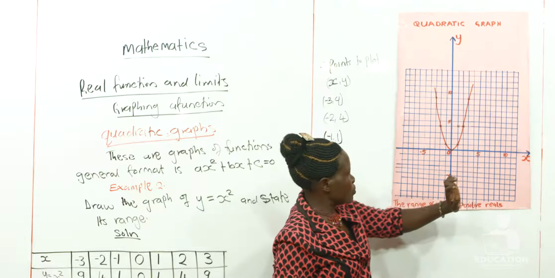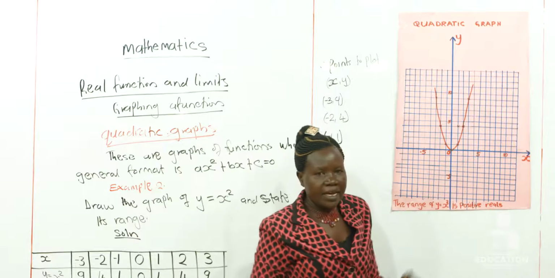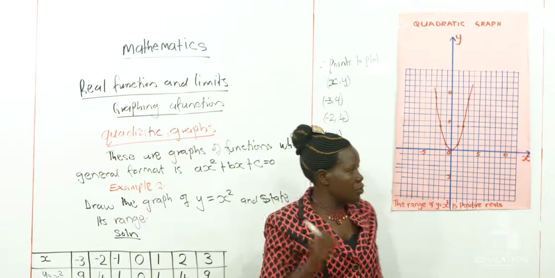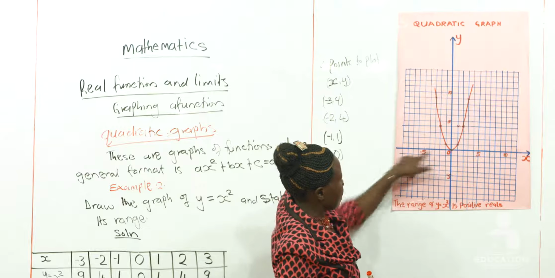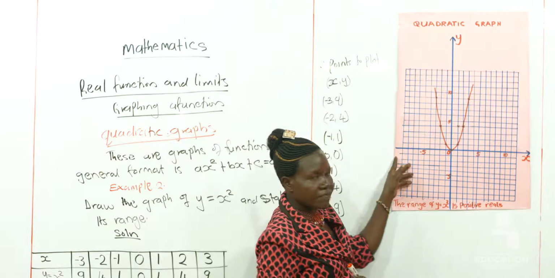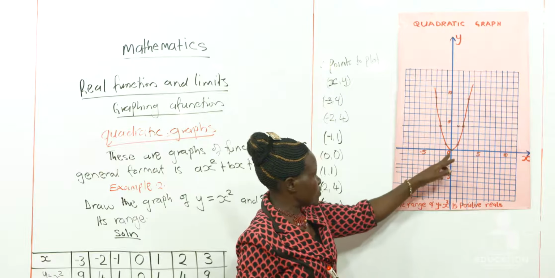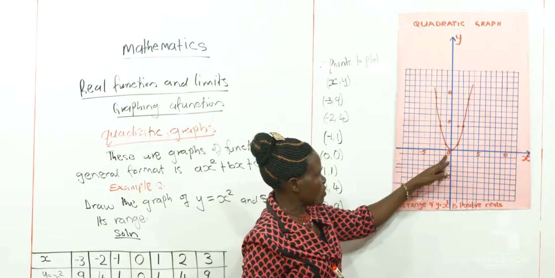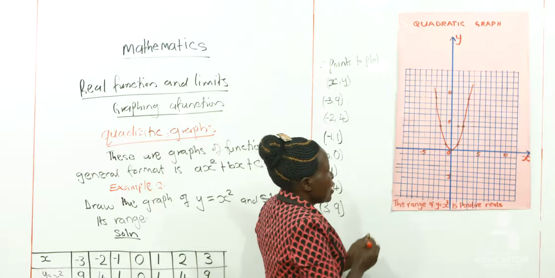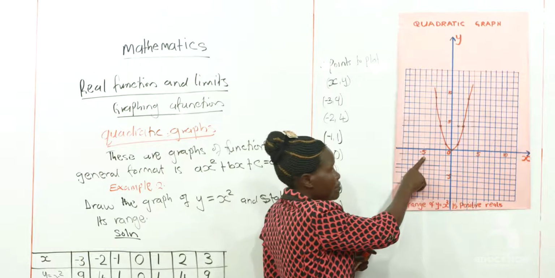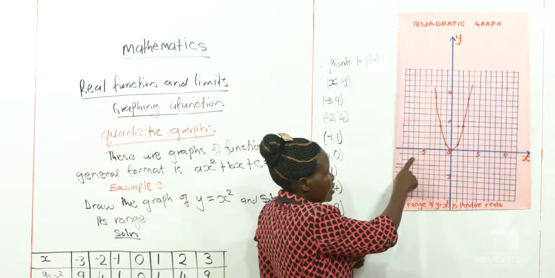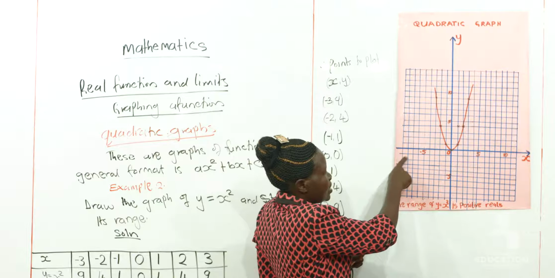What I wanted you to know is that each square there is representing 1 unit as our scale. And when you move backward, on the left side of the x-axis, we have 0, then -1, -2, -3, -4, -5, and then -6, -7, -8, and so on.